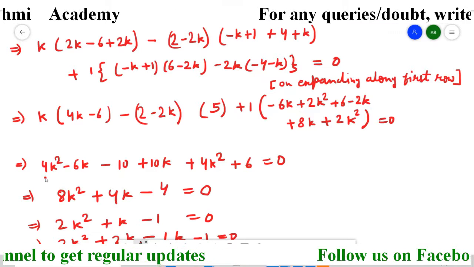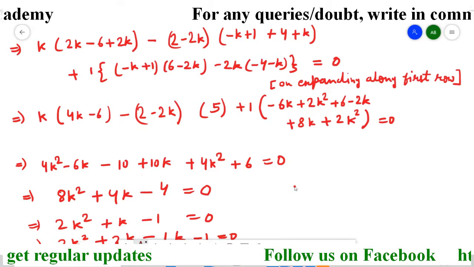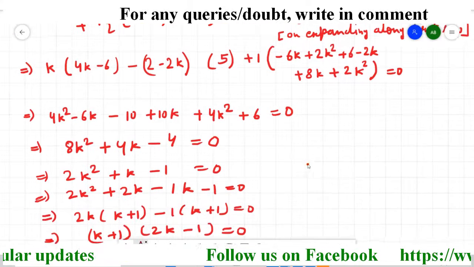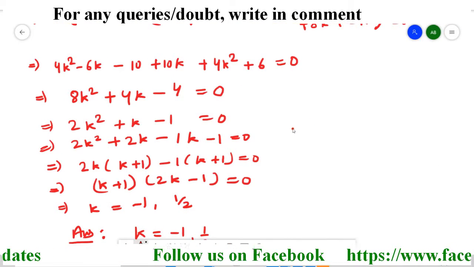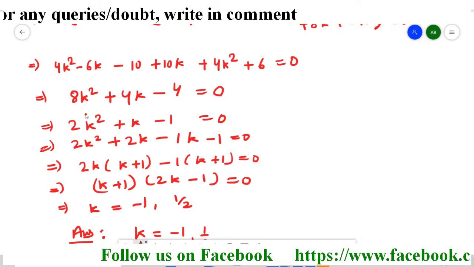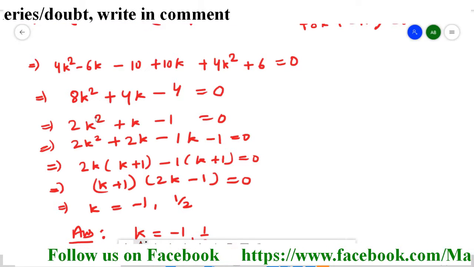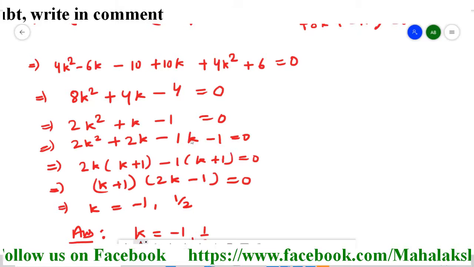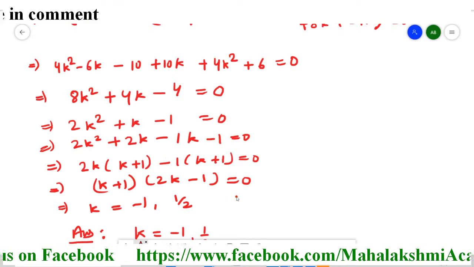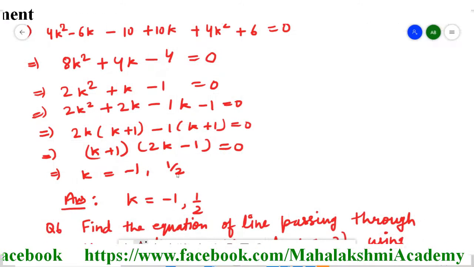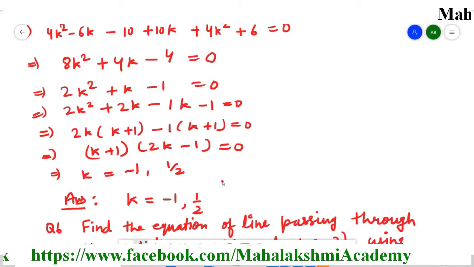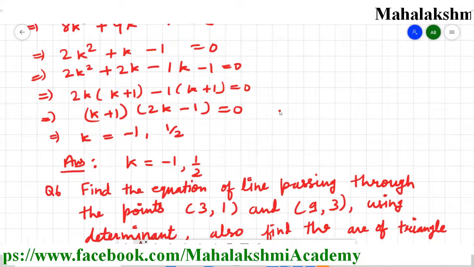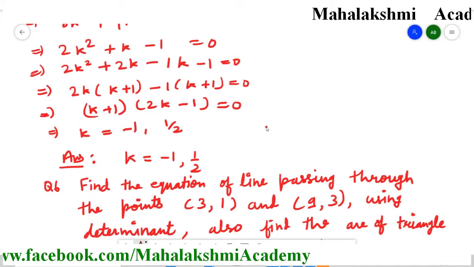Here also I multiplied, so I obtained these 2 terms. Now we will adjust according to the quadratic, because the degree is 2. So it's going to be a quadratic equation. I divided by 4, and then I split the middle term. Factorize it. So you get the k values as minus 1 and 1 upon 2. So for these 2 values of k, the points are collinear.